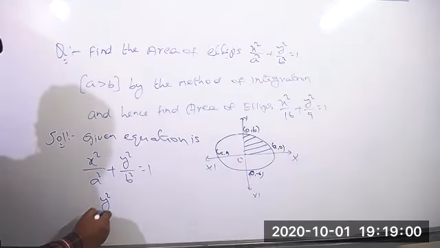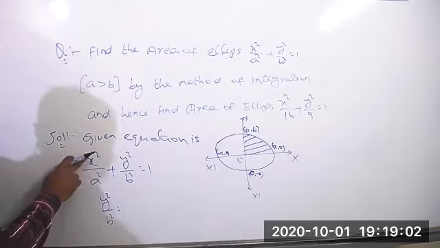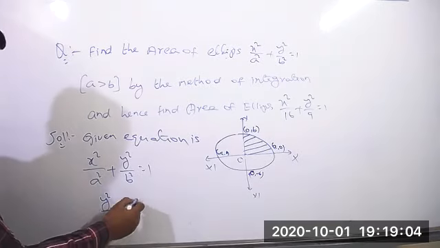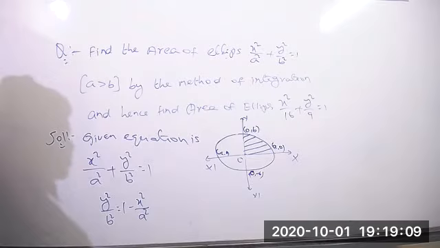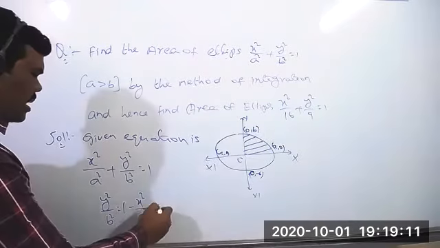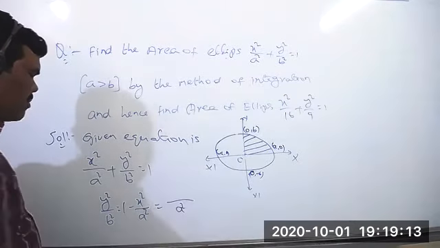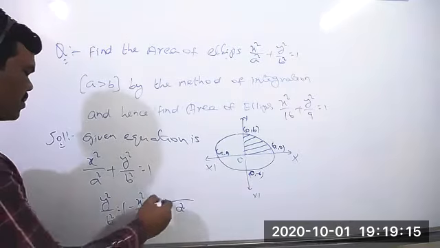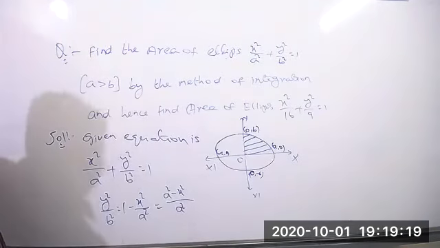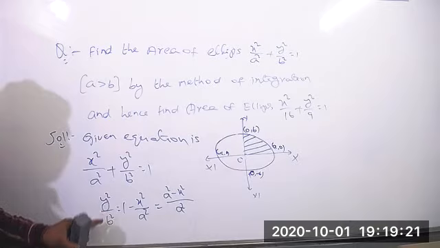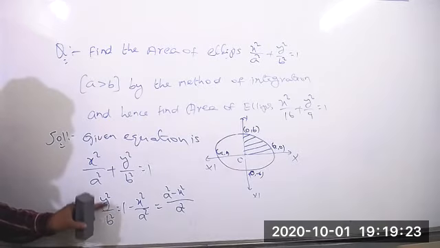So y square by b square is equal to 1 minus x square by a square. Next, a square is the LCM, so a square minus x square. And you know very well that a power m by b power m is equal to a by b whole power m.